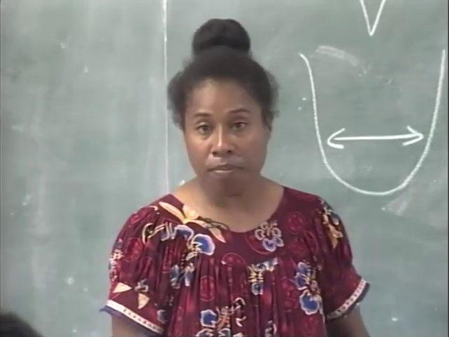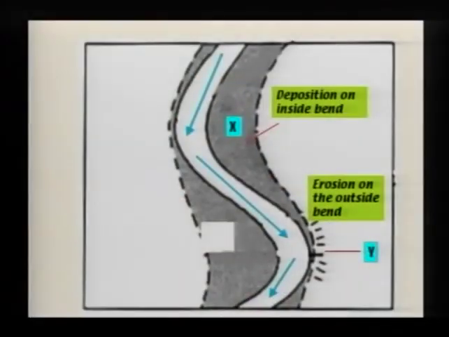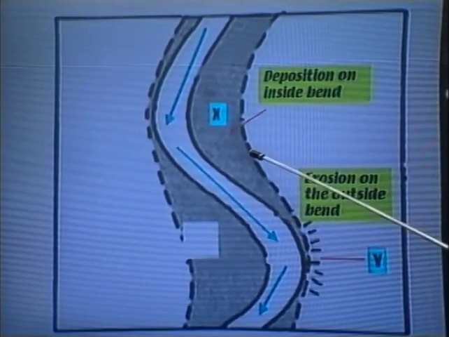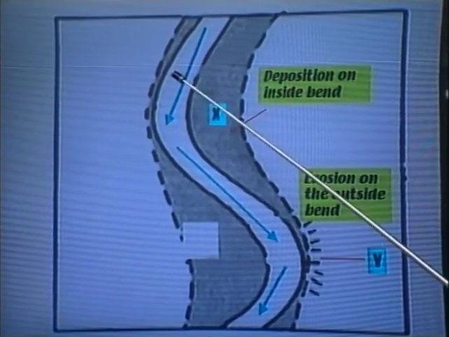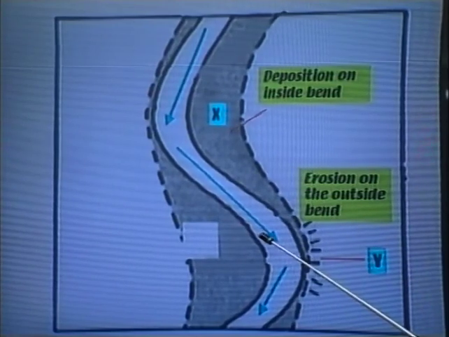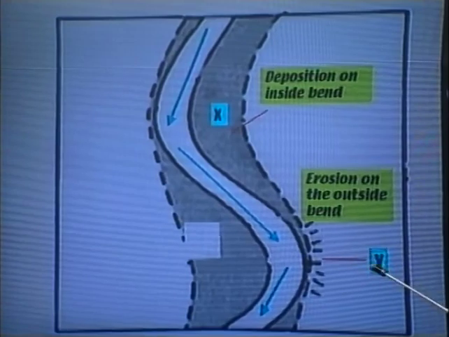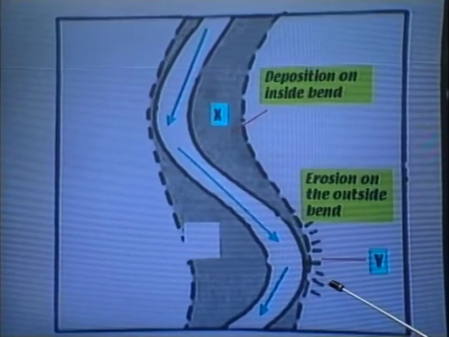We continue. You remember that diagram that I was asking you to make reference to, especially the shaded area? Here, you will note now that the area gets to be widened. There is more widening of the shaded area. The X represents the depositional bank and the Y represents the erosional bank.